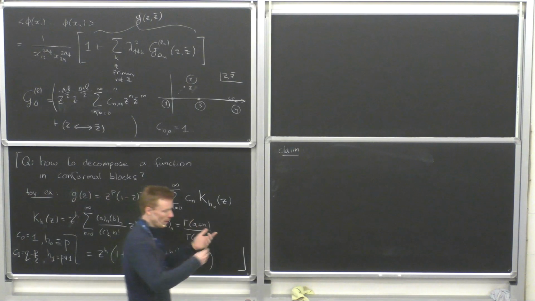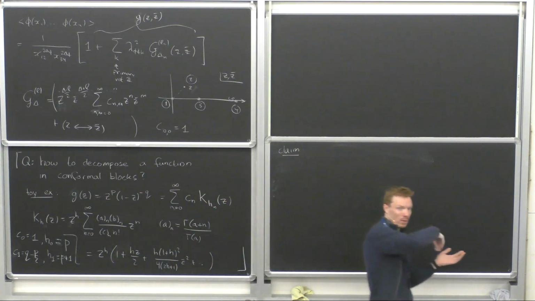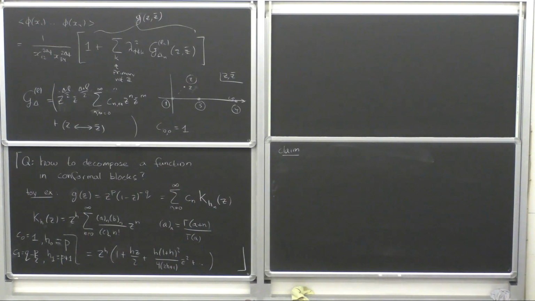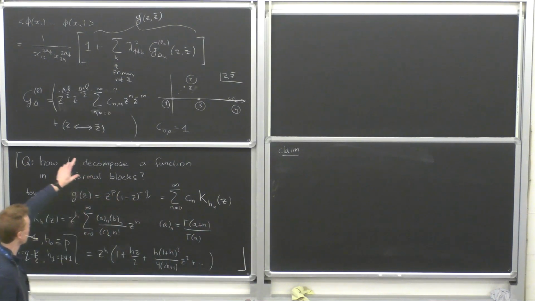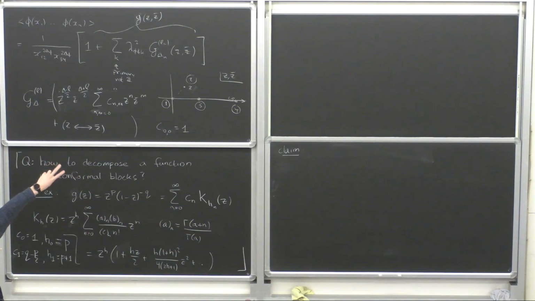I take a block, expand it in the other channel, go back to my first channel, see what blocks I get, and in this way try to build up a solution to the crossing equations. That doesn't work so well, because the expansion of an S-channel block, what I call a block in this decomposition, does not decompose well in the other channel.